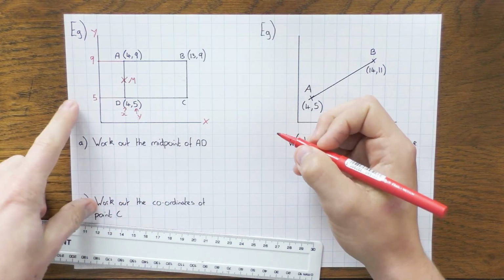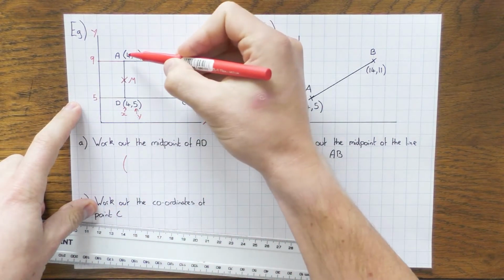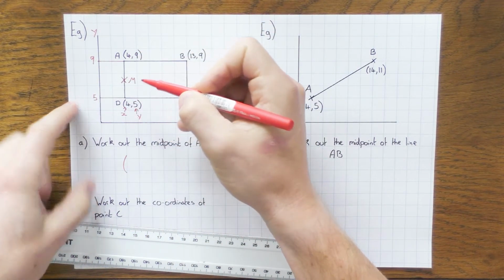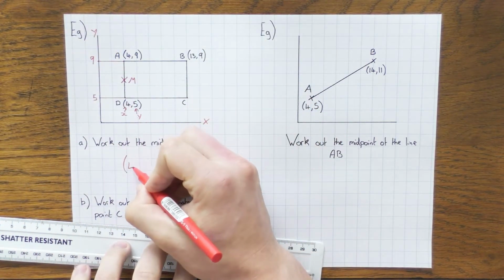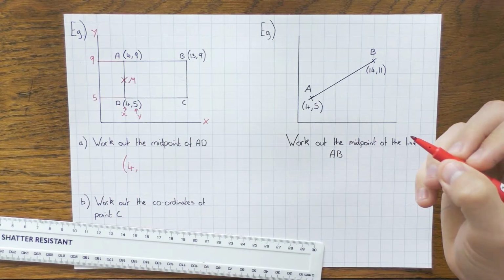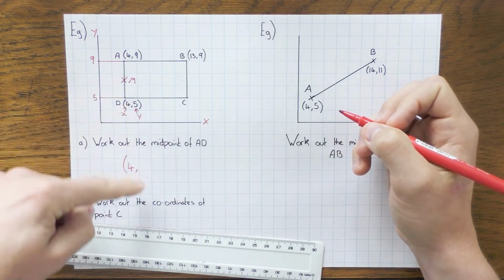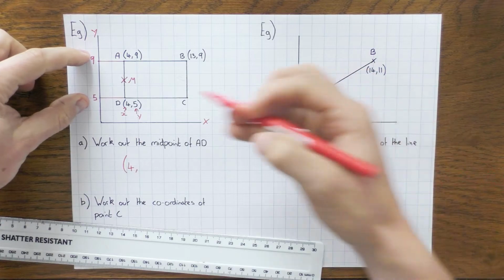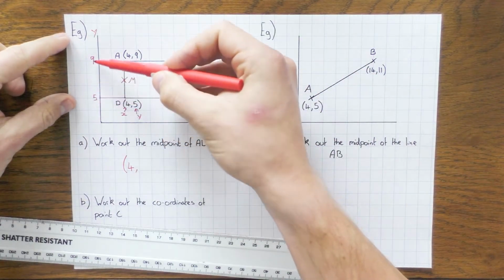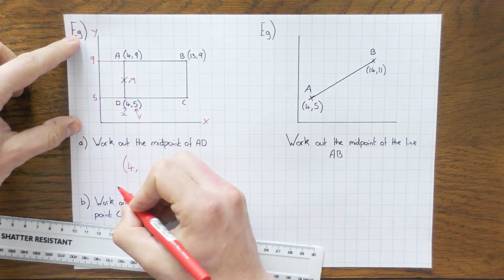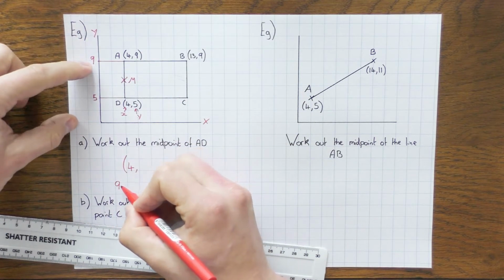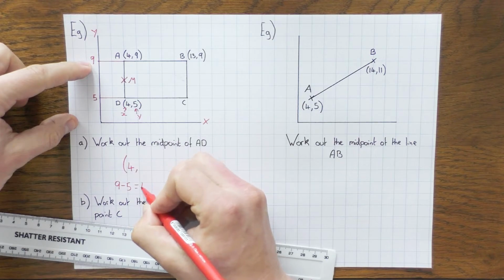So what's the x-coordinate going to be? Well, the x-coordinate here is 4, and the x-coordinate here is 4 because it's just a line going down here. So on the midpoint, we're safe to say the x-coordinate is definitely going to be 4. However, the y-coordinate's different. It needs to be in the middle of 5 and 9. So take the big one, which is 9, and take away 5, and that equals 4.